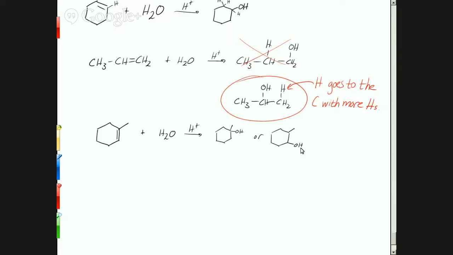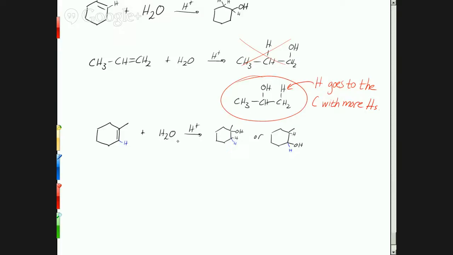Let's think about this. So let's draw out these hydrogens. There's none over here. There's one here, right? So that means this first one, the H from the hydrogen went on where the other one already was. And the second one, the hydrogen from the water went up here.